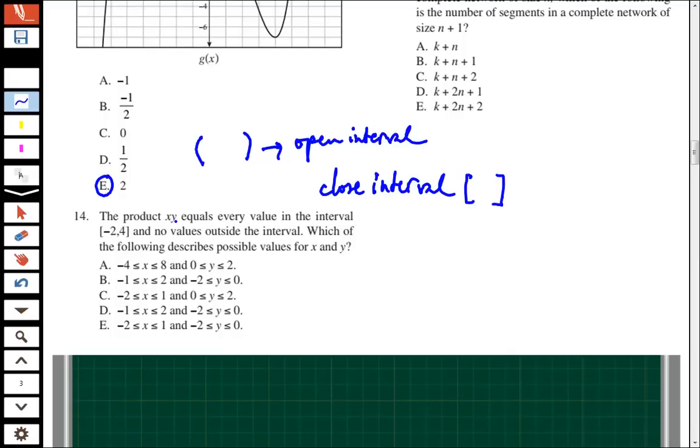The product xy equals every value in the interval -2, 4, and no values outside the interval. Which of the following describes the possible values for x and y?